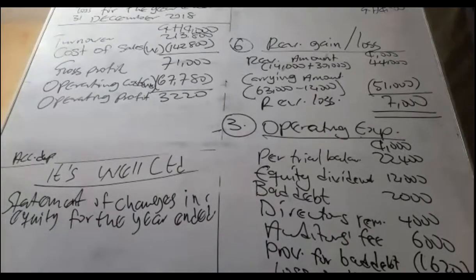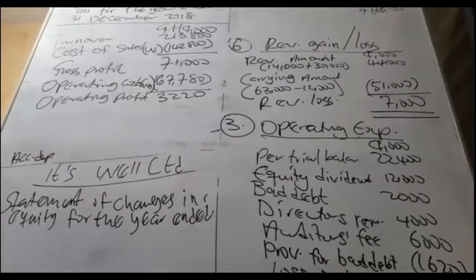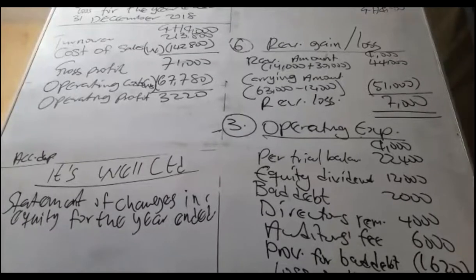Great. Now let's move on with the game. So what's the next section? The other income, right?